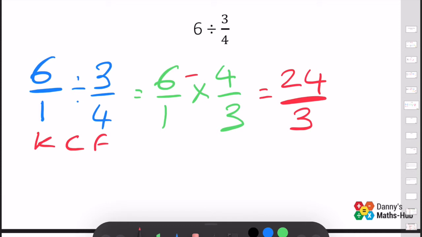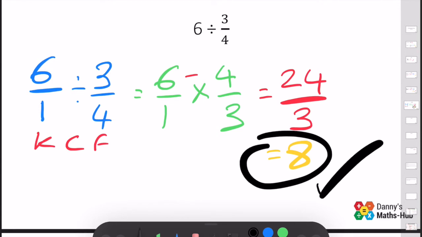Now, this can be simplified or even turned into a mixed number. How many 3's go into 24? Well, that is 8, with no remainder. So our final answer is 8.